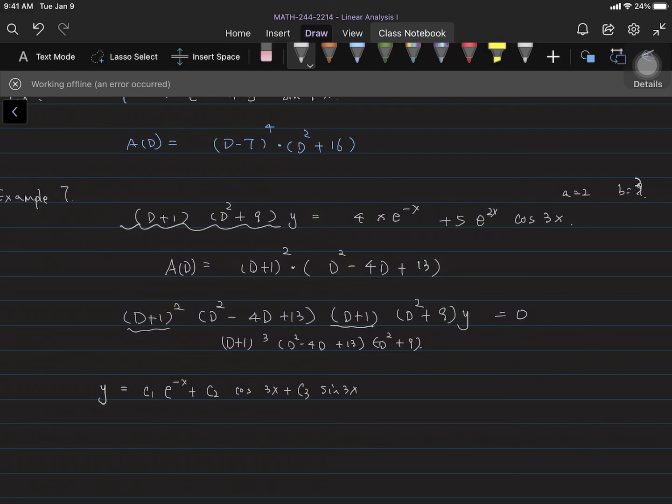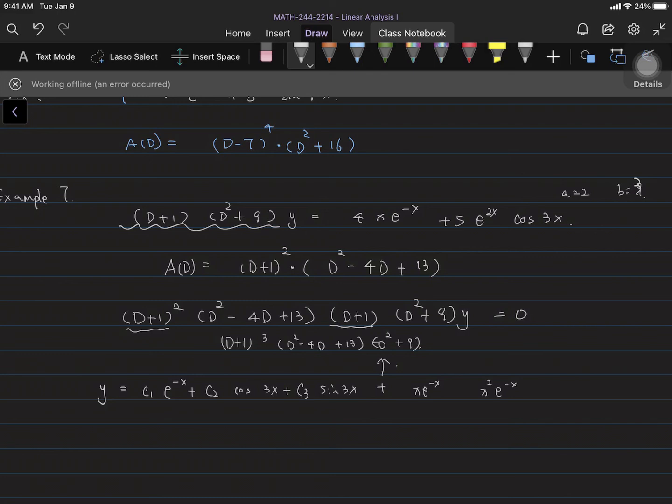Okay, and right now, let's look at this one. We should have more terms. So corresponding to D plus 1 cubed, we should have x e to the negative x, x squared e to the negative x, right?